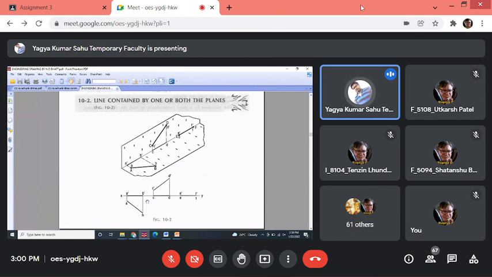The inclination of AB shown in the front view is true inclination in this particular diagram 10.2. As well as the length small AB is of true length. Whenever a line is parallel to any of the planes, you'll get the view of true length as well as true inclination.